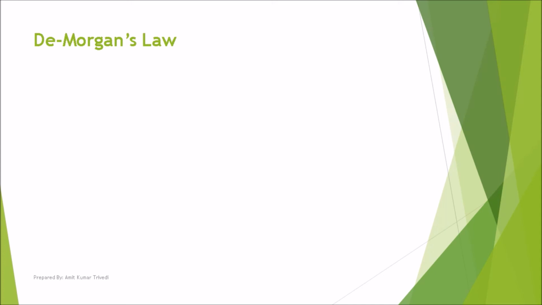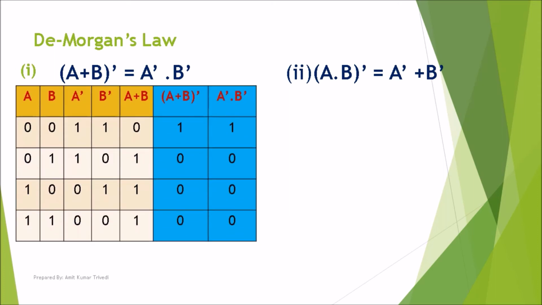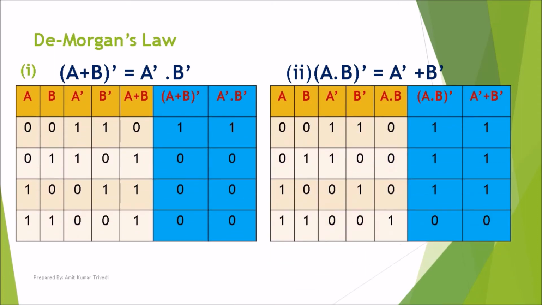Now next is De Morgan's law, that states (a plus b) whole complement equals a complement dot b complement, and (a dot b) whole complement equals a complement plus b complement, and we can see the proving through truth table. You can see the last two columns in both the tables are identical, hence it is proved.